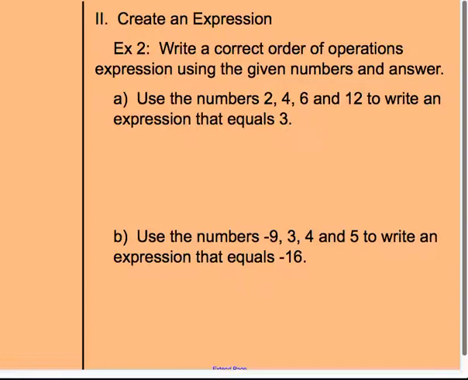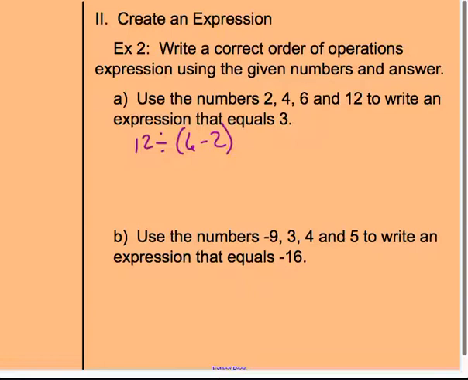So I could do 6 minus 2. I'm just going to start jotting down some ideas. That would give me 4. How could I work with that to get to 3? Well, 12 divided by 4 gives me 3, but I've still got that extra 4, so I don't know if I'm quite on the right track.